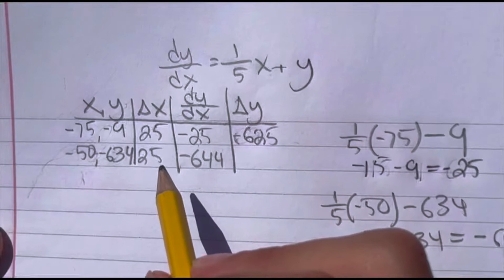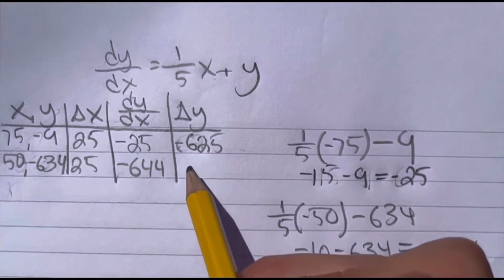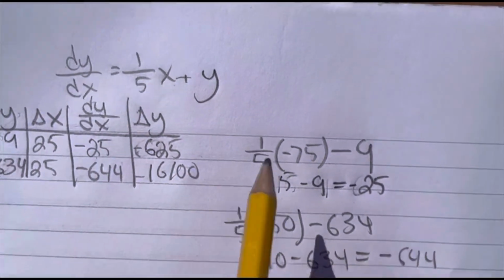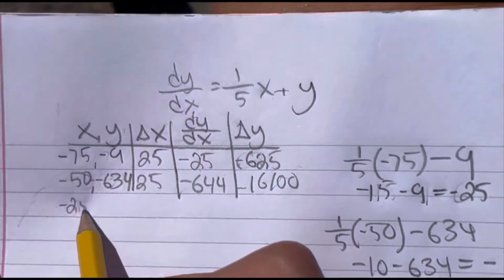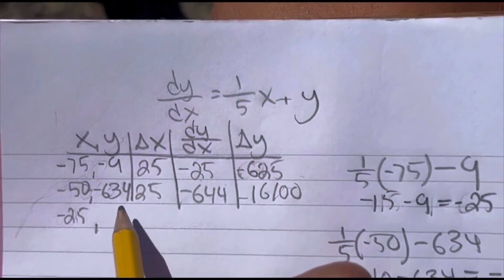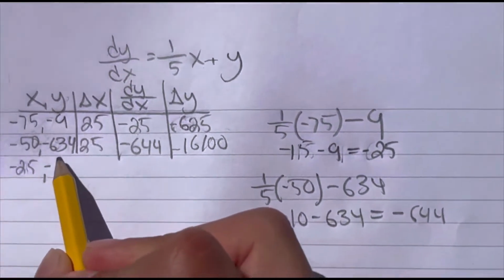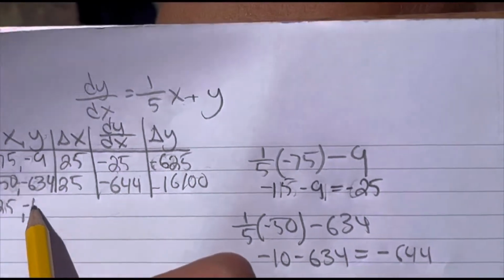And then the change in x multiplied by dy over dx is going to equal negative 16,100. Alright, and then we'll find the new coordinates, which is negative 25 over, and then negative 16,734.